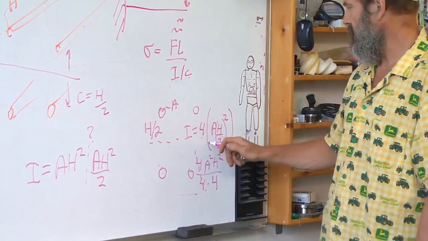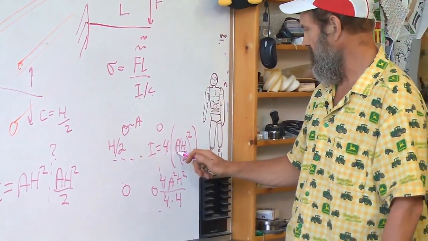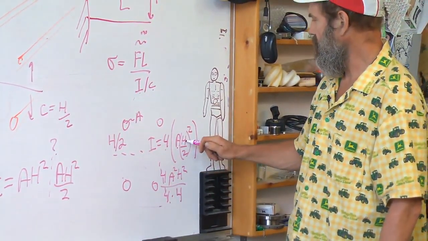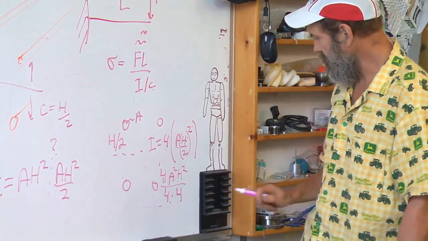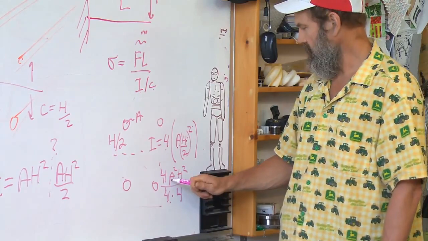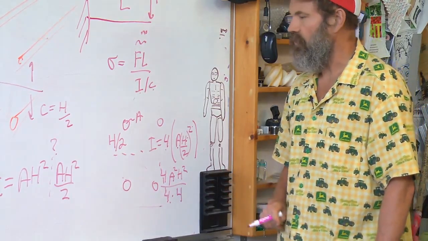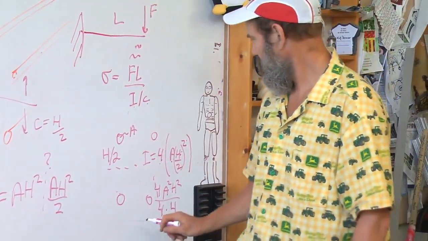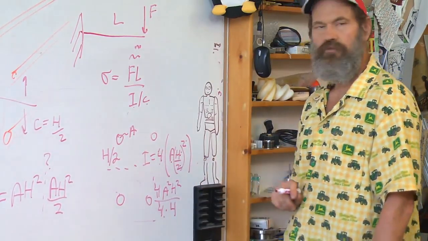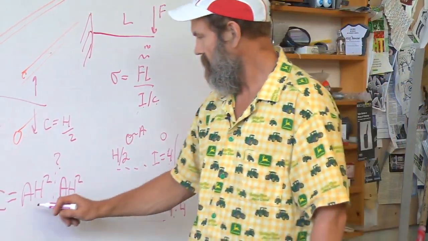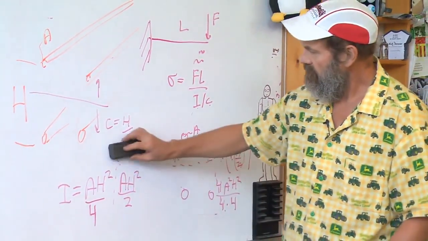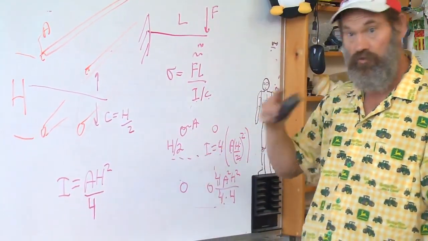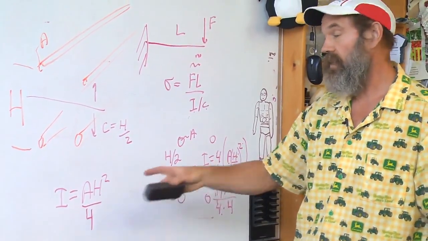So I have 4 times the area of an individual chord member times h over 2 quantity squared, which becomes A h squared over 4, because this 4 eats up 2 of those 2's. So it's over 4. Is that right? Maybe I'm wrong. You're supposed to check. Remember, peer review. But let's assume that's right to start.